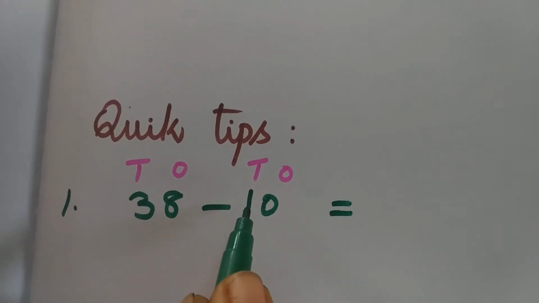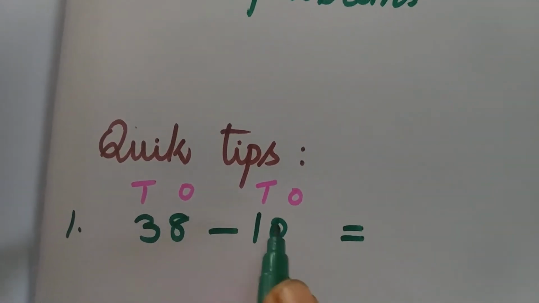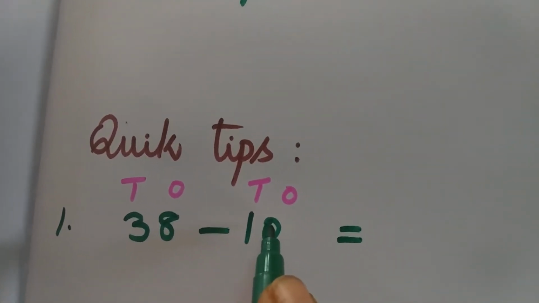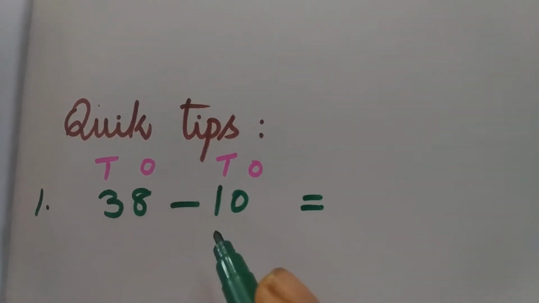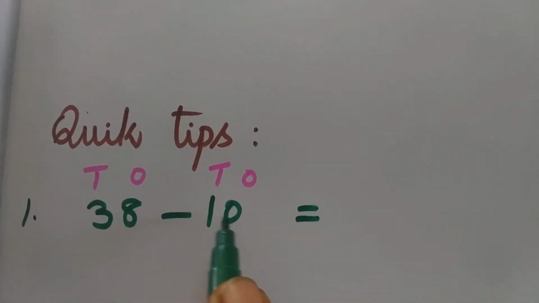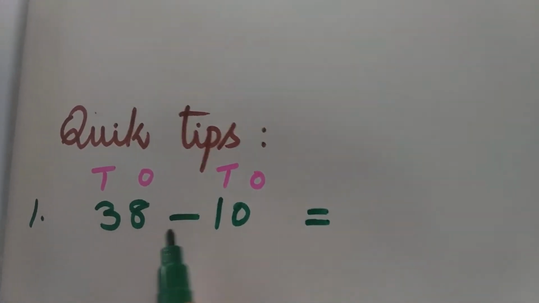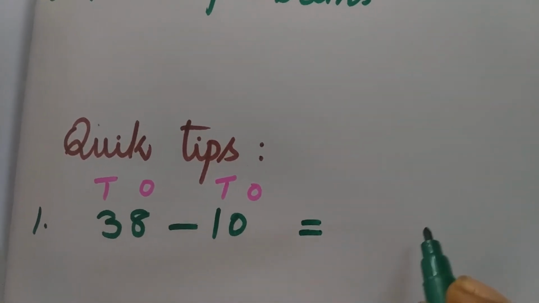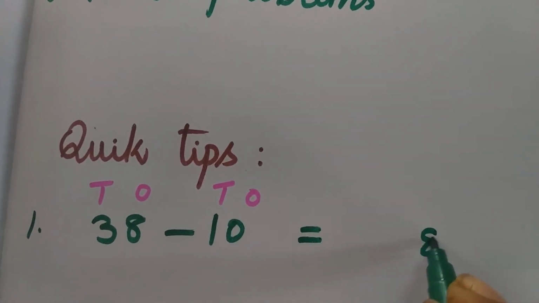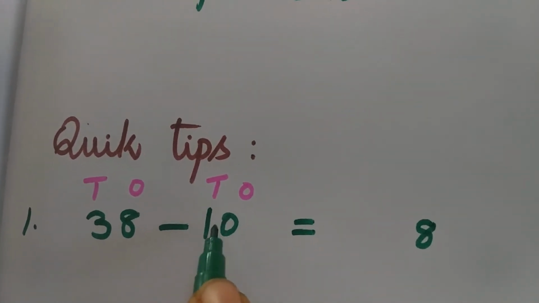See here, in the ones place the number will remain the same. Because 8 minus 0, in addition also we have seen like this, that is plus and minus. Whenever you are adding or subtracting 0, the same number only will be coming. Because here there is no number.